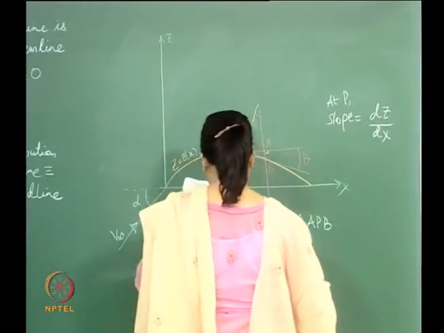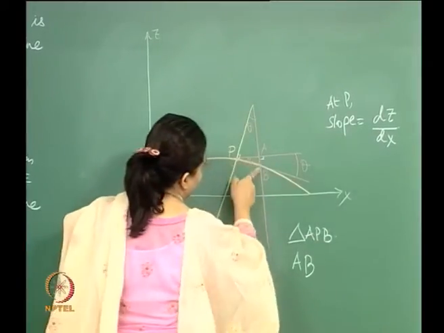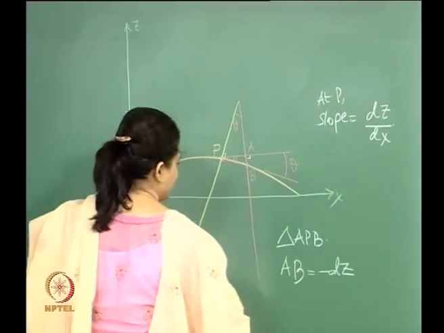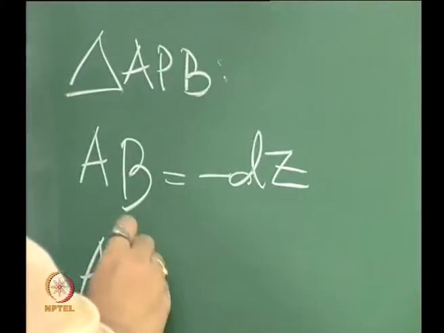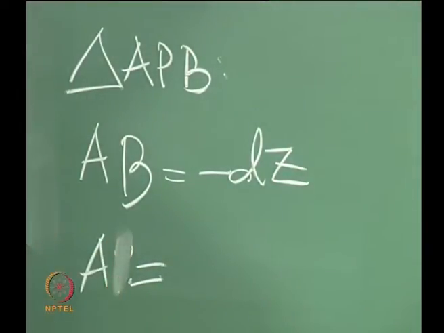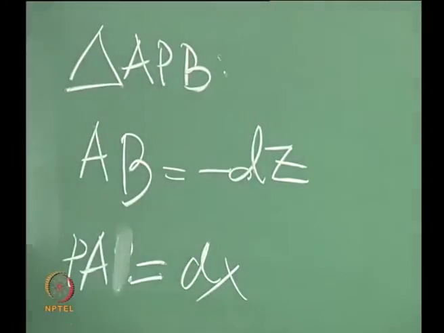So AB is equal to that, and AP, or rather PA to be technically correct, is dx.